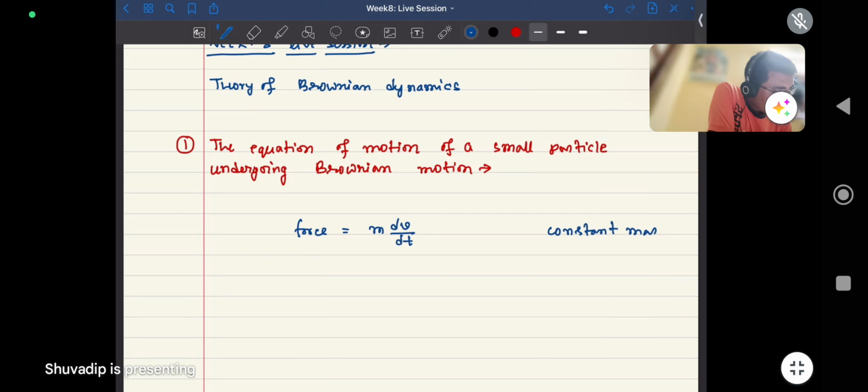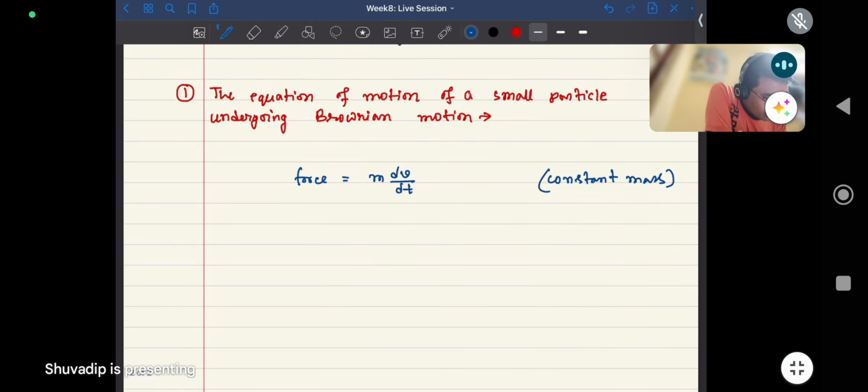From the general statement of Newton's second law, the force is given by dp/dt, the rate of change of momentum. If you write p equal to mv explicitly, this gives two terms: one is m dv/dt and the other is v dm/dt. Now if the mass is constant, this term is 0.